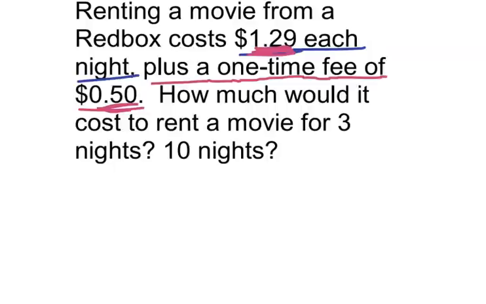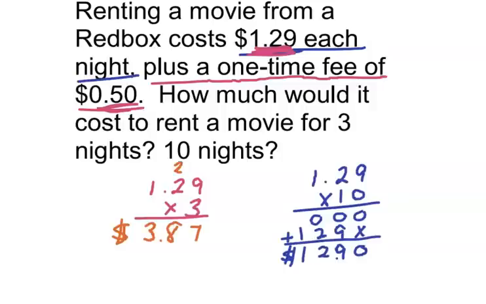It says, how much would it cost to rent a movie for 3 nights? Okay, 3 nights would be $1.29 times 3. So $1.29 times 3 is $3.87. So is that the total cost? Not quite.